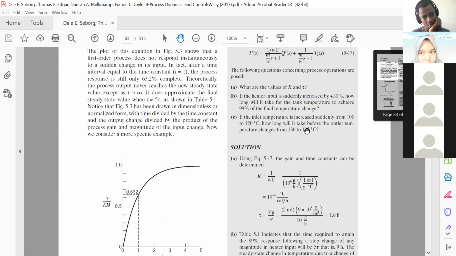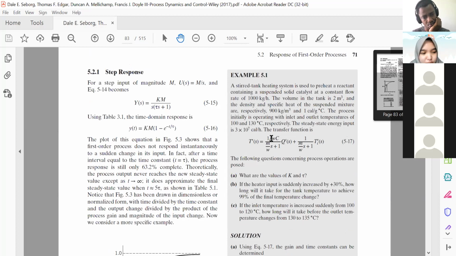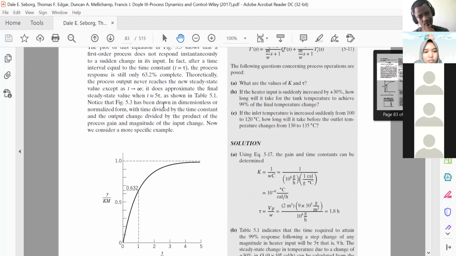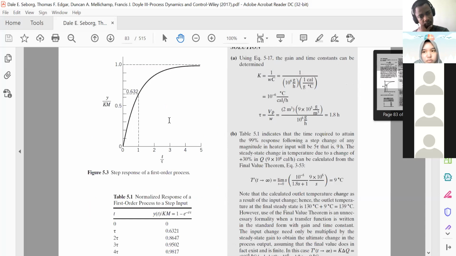And this is example 5.1. Just put the values in the equation and you will see the numerical values, so I don't want to discuss it. You can also find it over here.